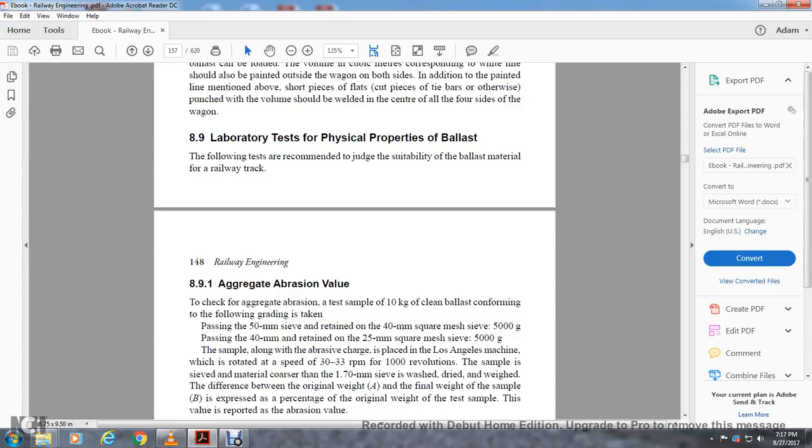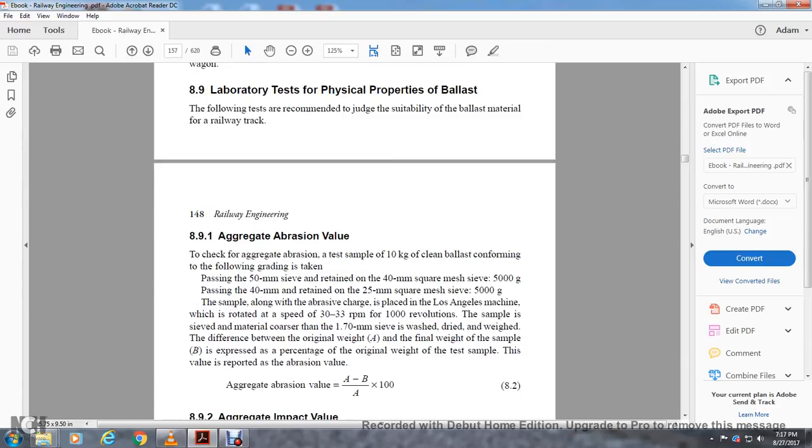The sample is sieved through a 1.7 millimeter sieve, washed, dried and weighed. The difference between the original weight and the final weight of the sample is expressed as a percentage of the original weight of the test sample. This value is reported as the abrasion value. Aggregate abrasion value equals the original weight minus the final weight, divided by the original weight, times 100.